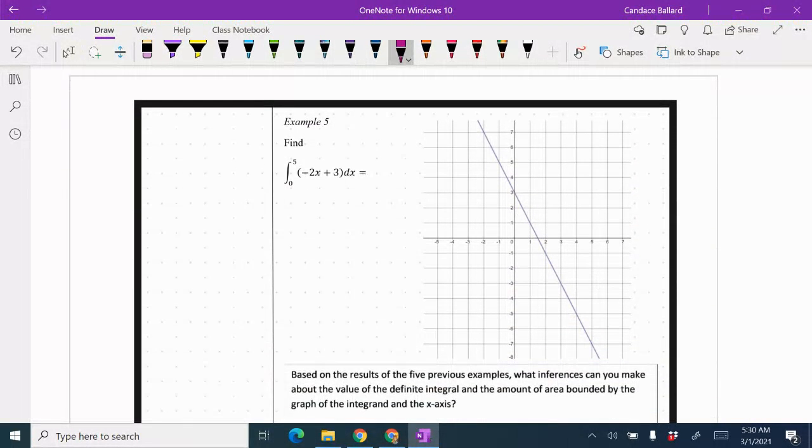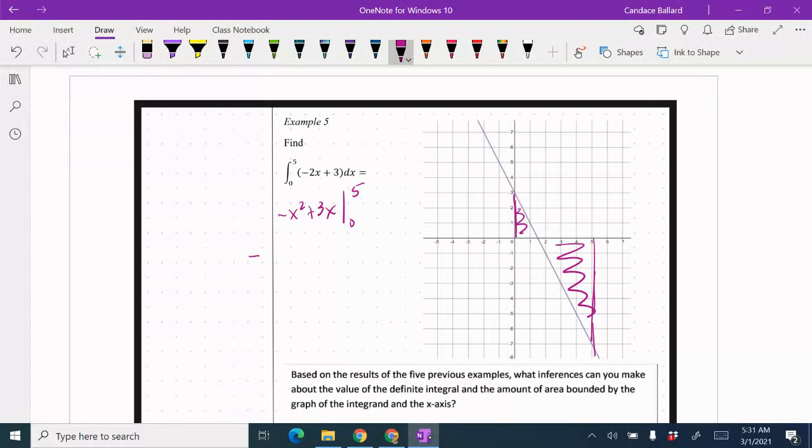All right, finally, let's look at this one. Again, when we integrate it, it is going to be negative x squared plus 3x. So we're going to go from 0 to 5. So let's see, we're going from 0 this time to 5. And look, ooh, interesting, the triangle underneath the x-axis is bigger.